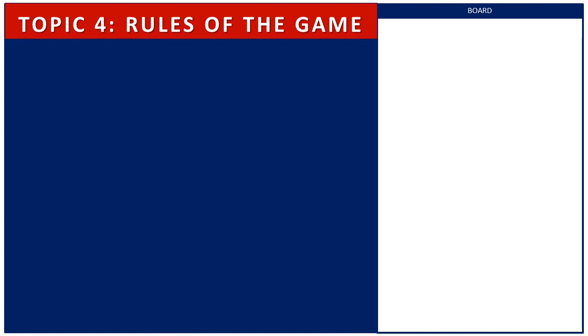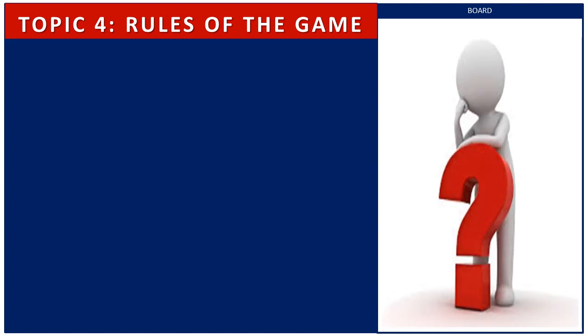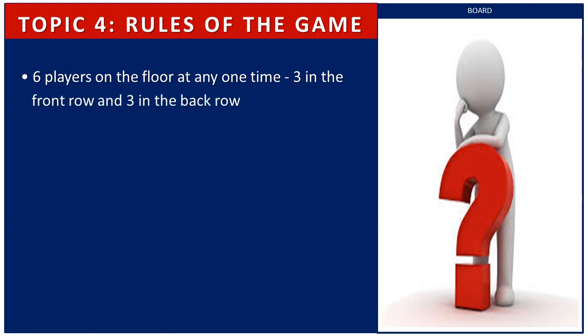So it's already time to move on and let us proceed to our topic 4, the rules of the game. We have the basic volleyball rules. The first one is 6 players on the floor at any one time, 3 in the front row and 3 in the back row.